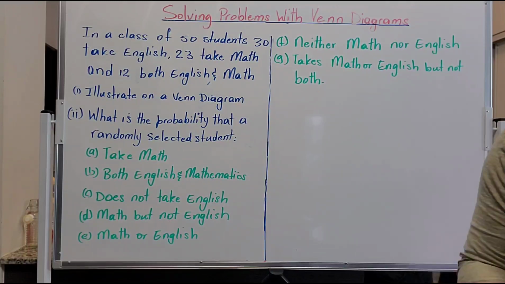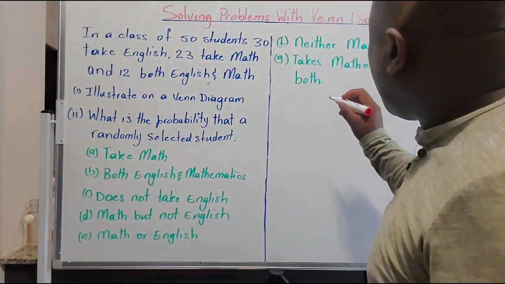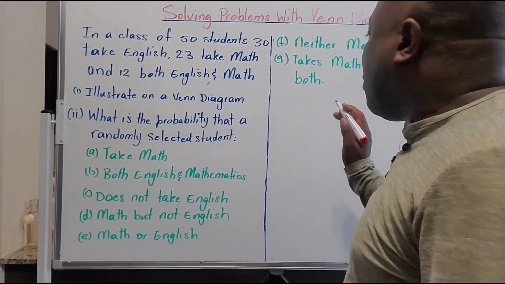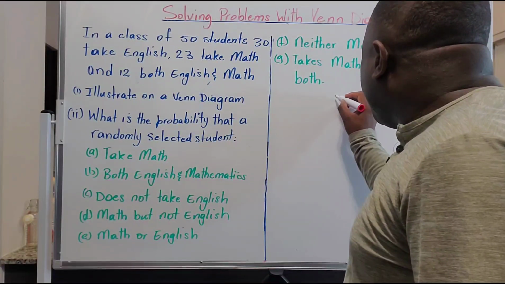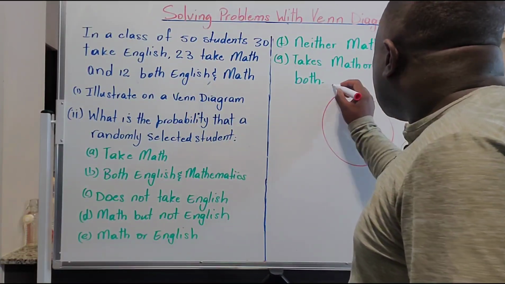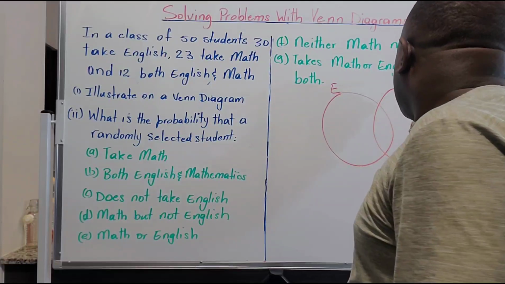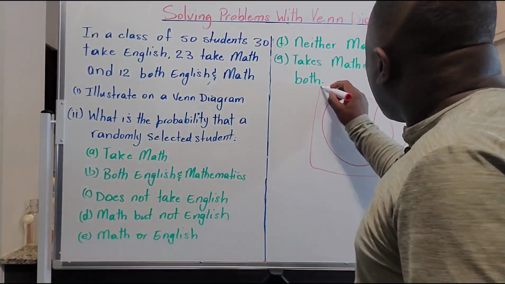So first what I'll do is to have my Venn diagram, and I will let the letter E represent English and the letter M represent math for that set. So E for English, they overlap. I'm using M for math.